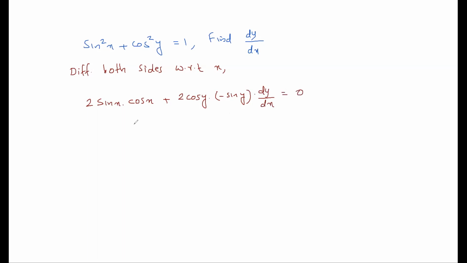So sin square x gives 2 sin x into sin x का डेरिवेटिव cos x plus cos square y gives 2 cos y into cos y का डेरिवेटिव minus sin y, and cos y में it is of the form cos x, so x के जगह y था. So सबसे लास्ट में y का डेरिवेटिव से मल्टीप्लाई करना into dy by dx.